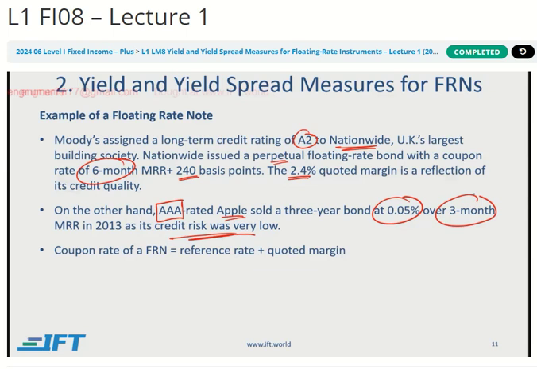When you apply the rate to calculate the payment amount, of course, we will do it on a quarterly basis for Apple and on a semi-annual basis for this Nationwide, which means we'll divide this by 2 and we'll divide this by 4 when calculating the quarterly or the semi-annual rate. But the point is that the rates are quoted on an annual basis. So these guys are offering 240 basis points extra and these guys are offering only 5 basis points extra. So clearly there is a big difference here, and that is because of the difference in credit rating.